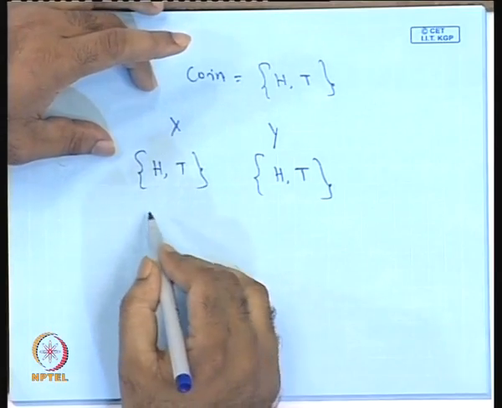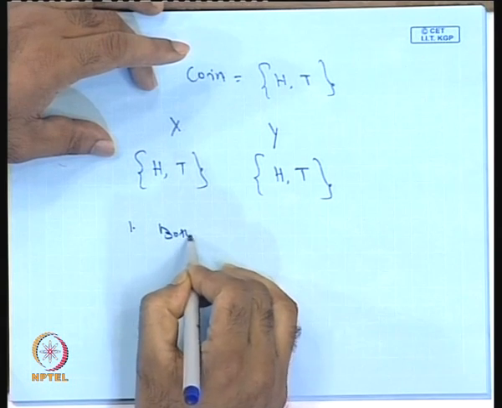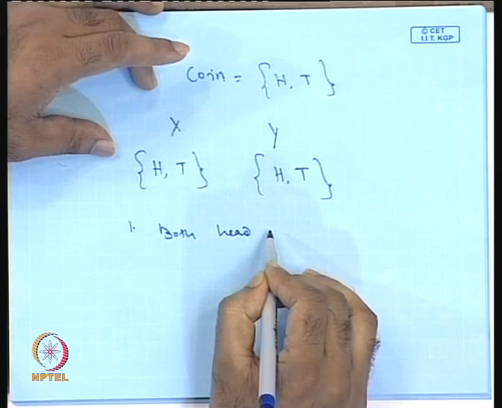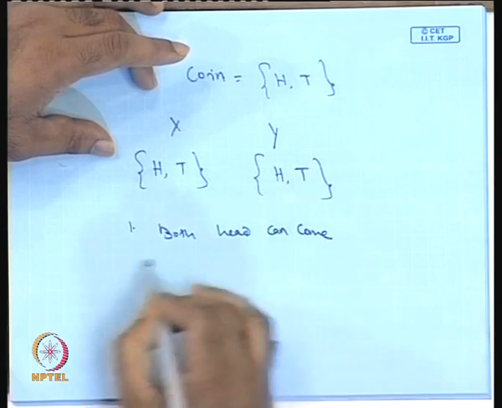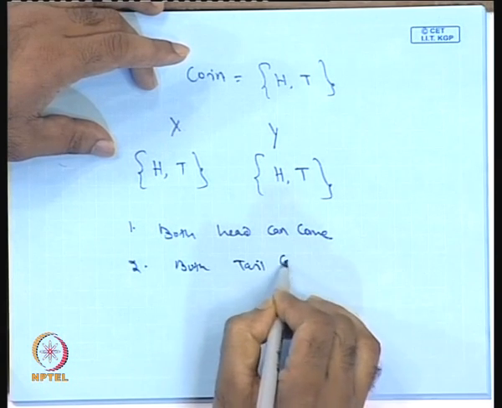The moment both persons try to toss the coins, there are several possibilities. In the first case, both heads can occur. In the second case, both tails can come.